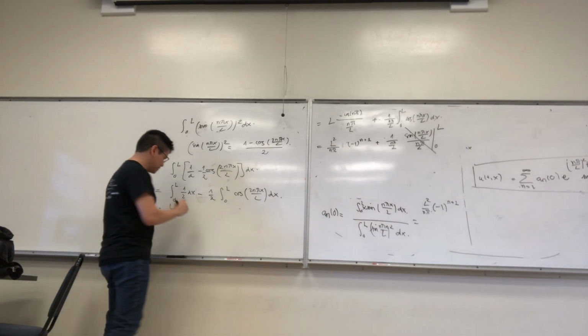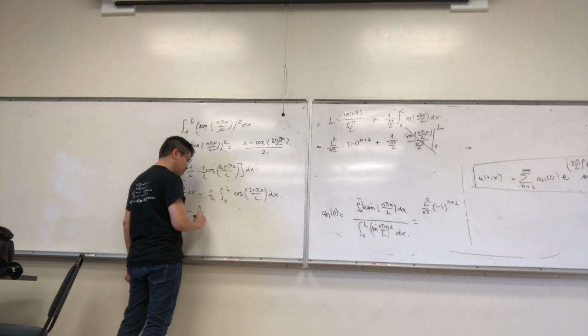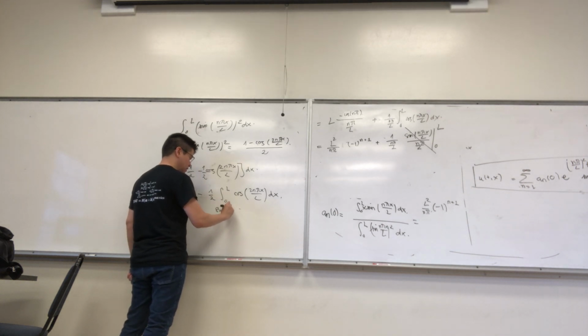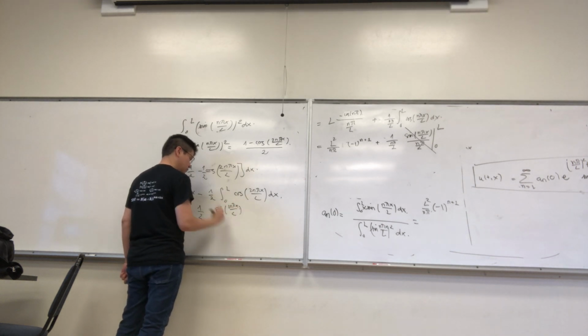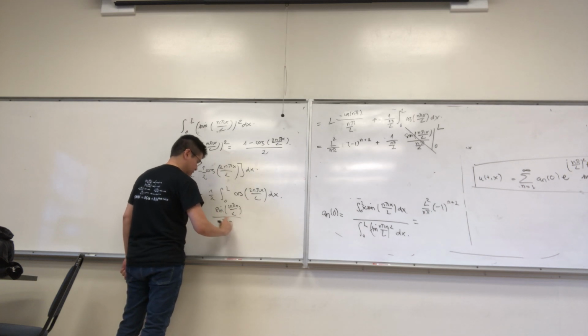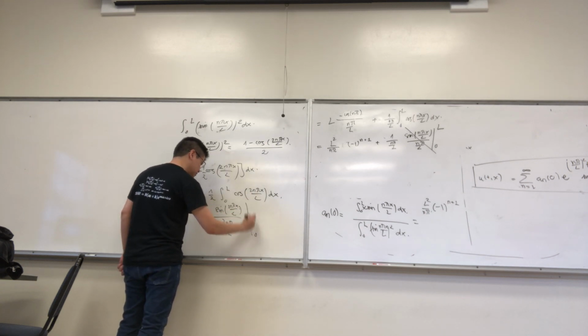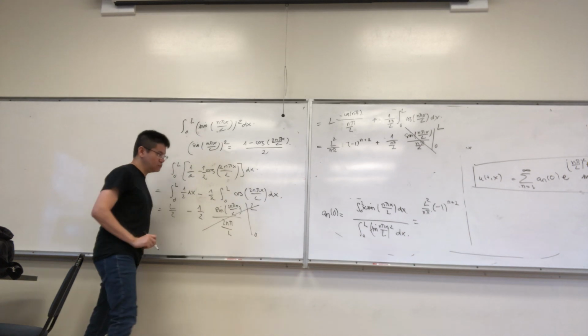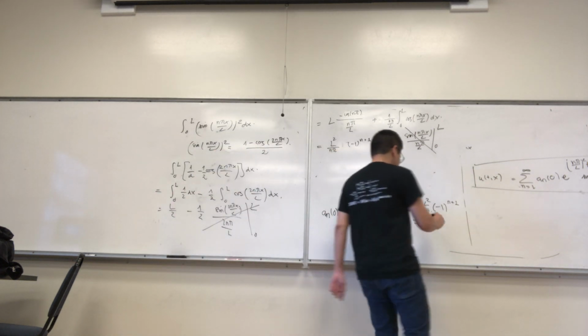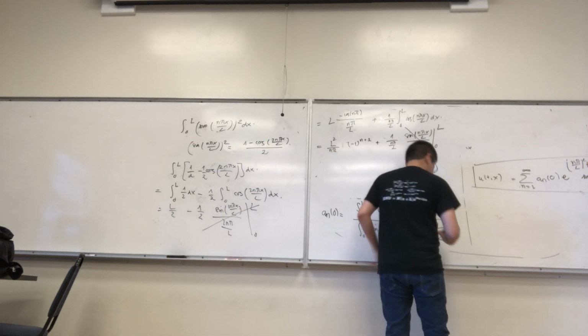So here I have 1/2 of sine of 2n pi x over L over 2n pi over L, but I have to evaluate at 0 and L, and remember this is 0. So basically here I have to divide by L over 2.